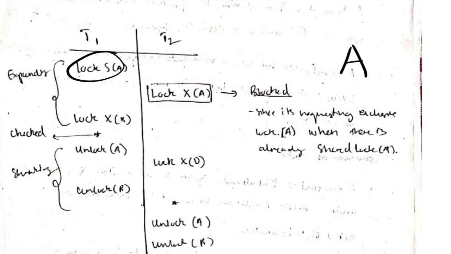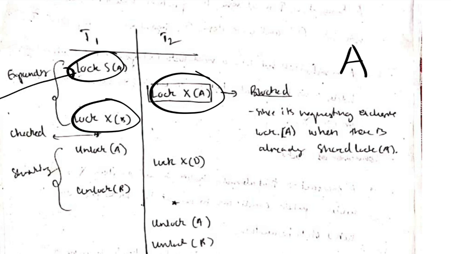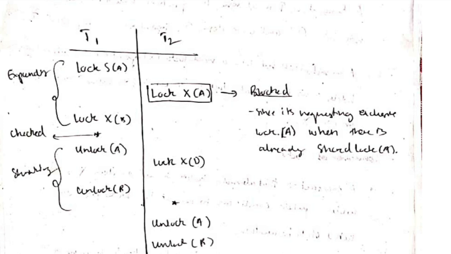S(A) means shared lock, that is read only. Then it acquired a lock X(B), and in between T2 requested a lock for A. But since it's already given to T1, the request of T2 will be blocked. It will not be given the lock because it's already held by T1, so it will wait.